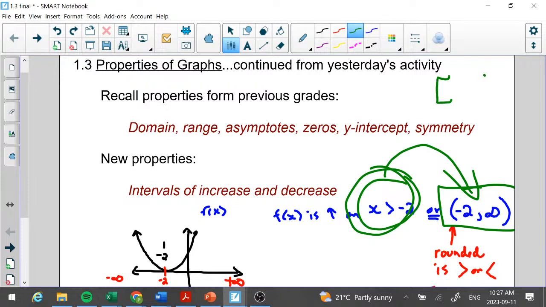Square them up. Round them off. So if you're going to include the point, say -2, you're going to use a square bracket. If you're going to include the other endpoint over here, you would use a square bracket. But who can tell me where infinity is?